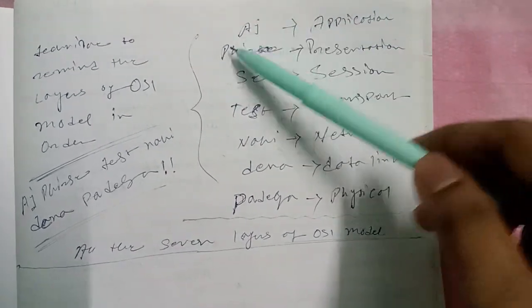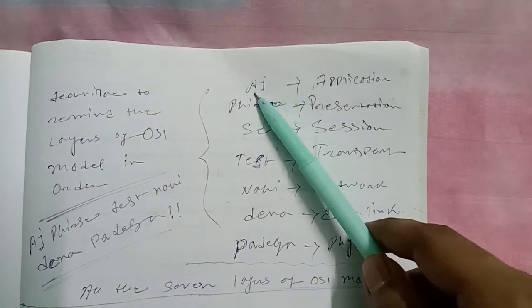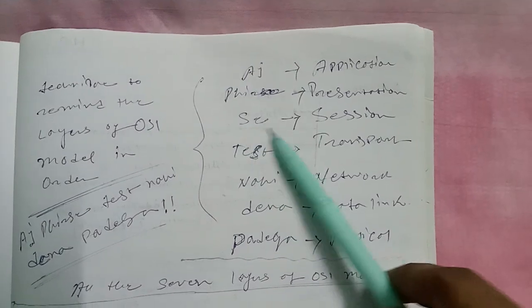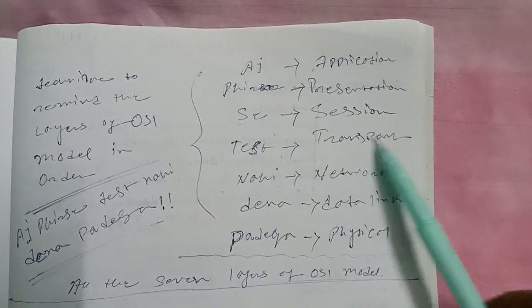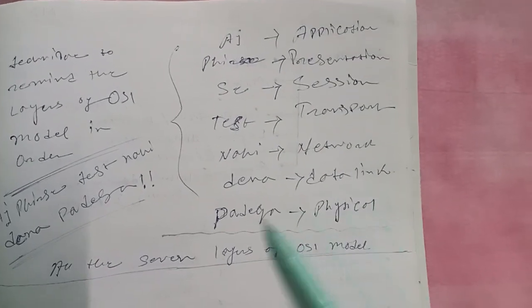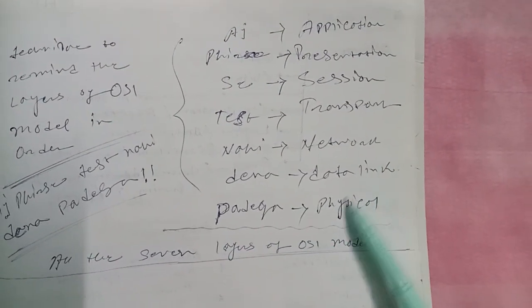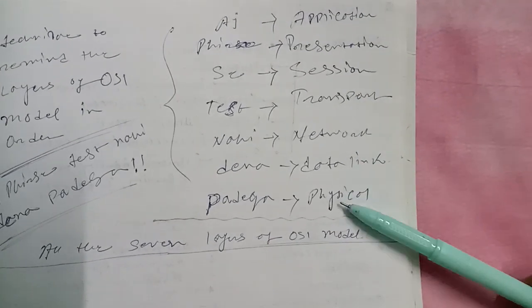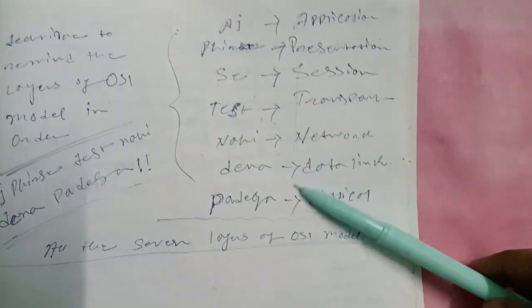So let's see. आज is A for application layer, फिर से P for presentation, से session, test से T for transport, नहीं N for network, देना D for data link, and पड़ेगा P for physical layer. So application, presentation, session, transport, network, data link, and physical layer. आज फिर से test नहीं देना पड़ेगा.